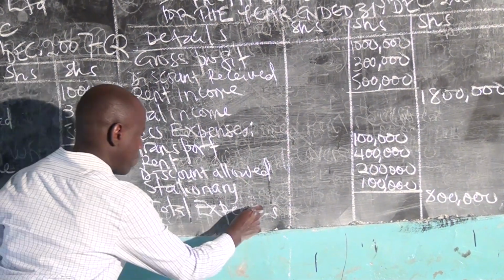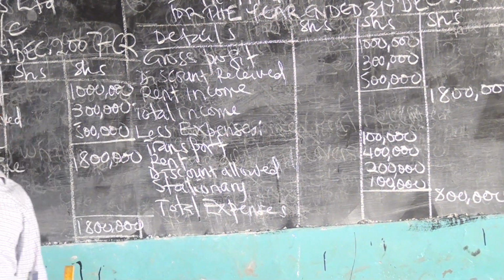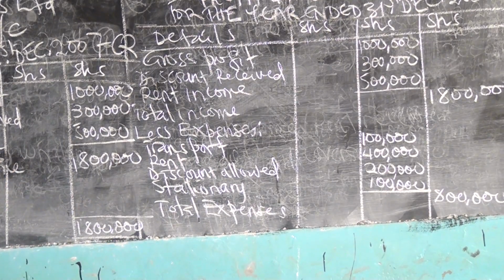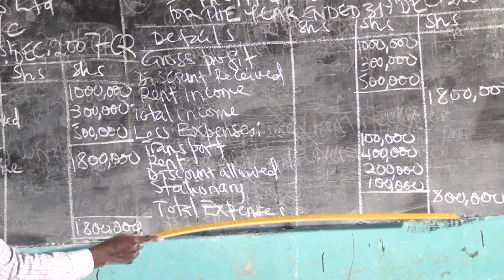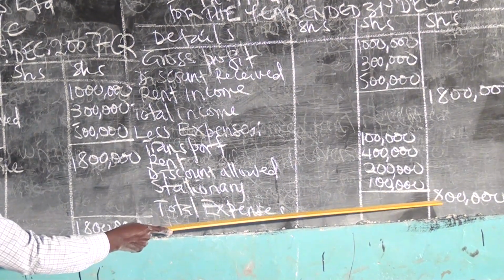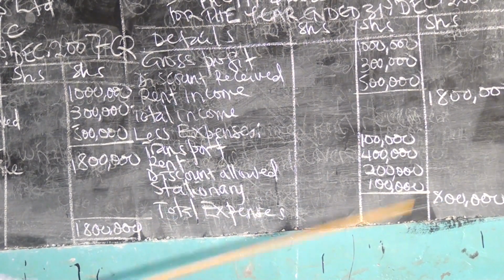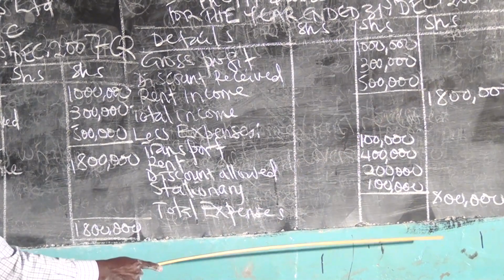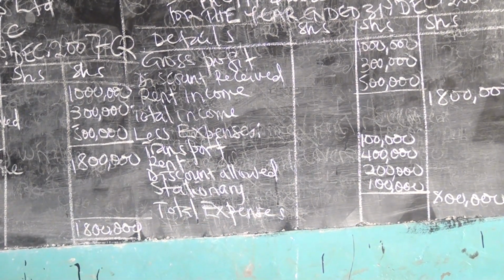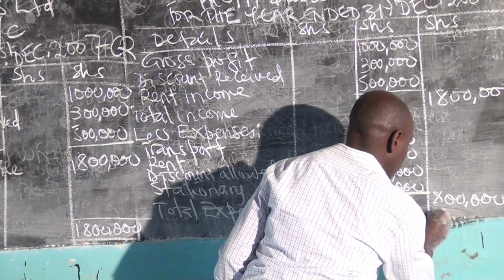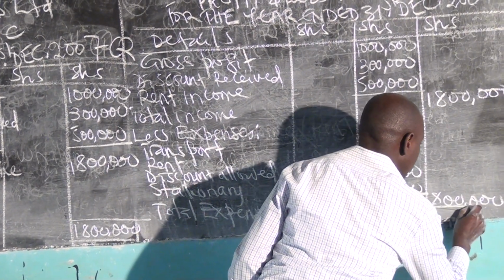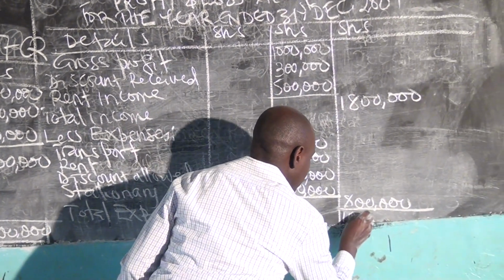Remember, the formula for calculating net profit says total income minus total expenses. So 1,800,000 minus 800,000, you get 1 million.